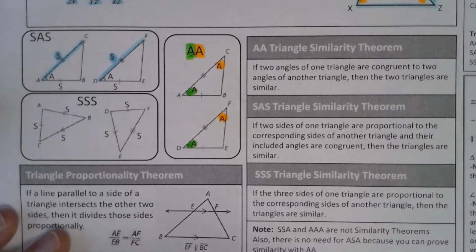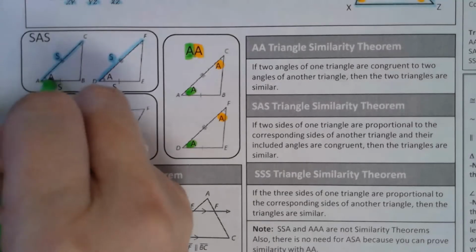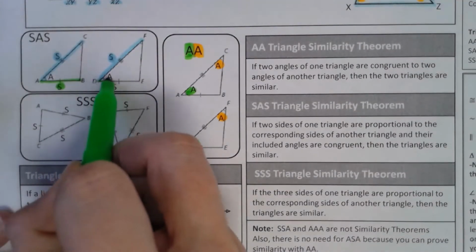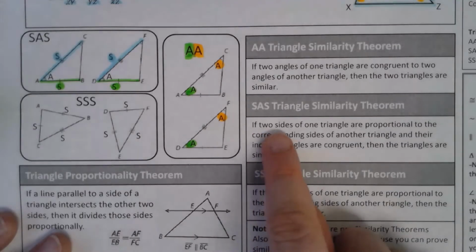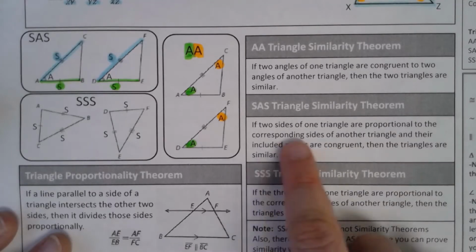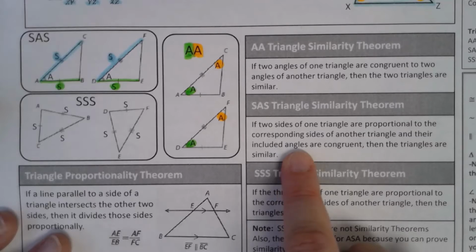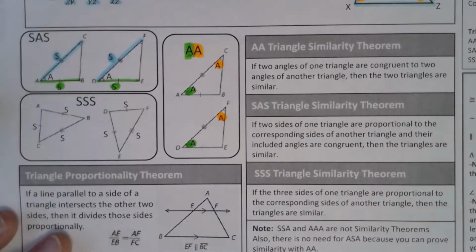We also have a side AB that corresponds to DE. But as it states, we have 2 sides of one triangle proportional to the corresponding sides of another triangle and their included angle. So it has to be the angle included between those sides.